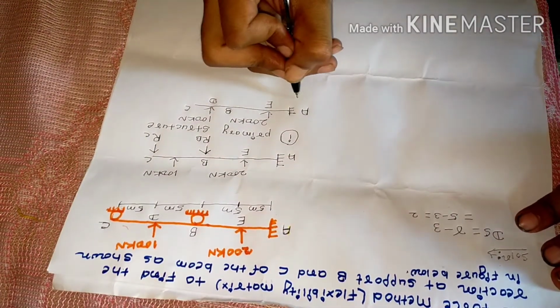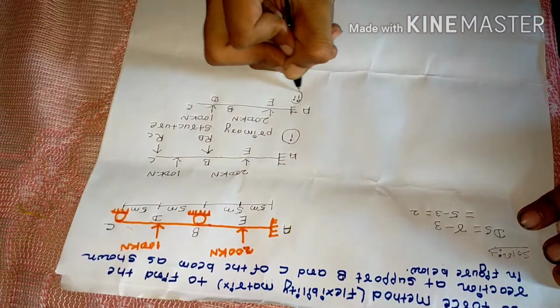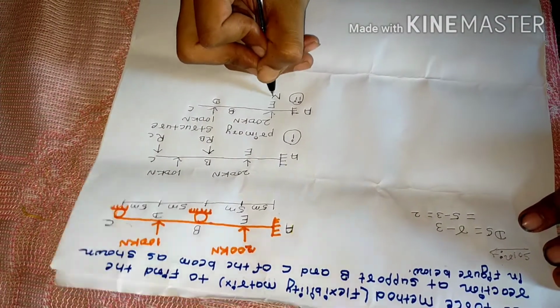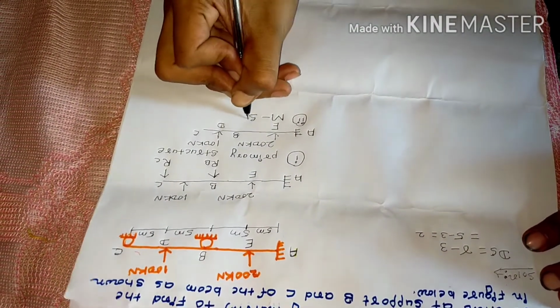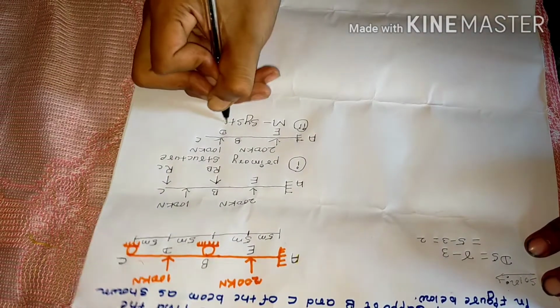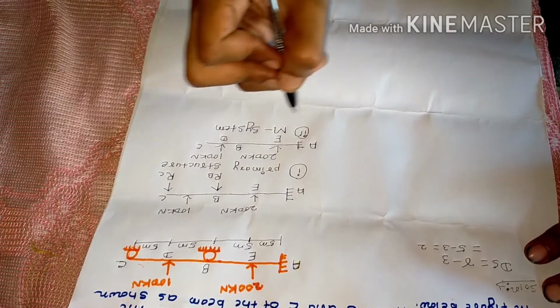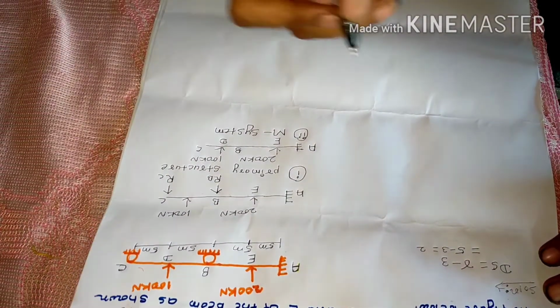Now if this is figure 2, then this system is known as the M system. Keep in mind that the M moment occurs due to external loading only.